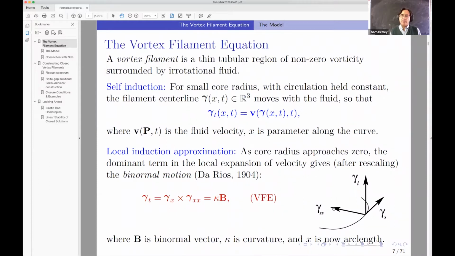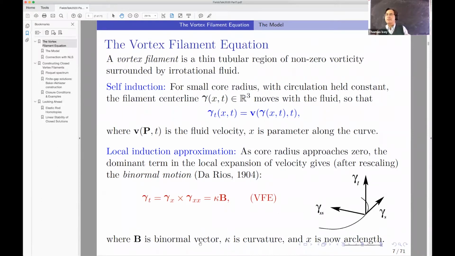The acceleration vector is perpendicular to the unit tangent vector, and their cross product is the velocity under the vortex filament equation, the time velocity. And that unit vector in that direction, that cross product, is the binormal vector of the Frenet frame. Kappa is the curvature, and as I said, x is arc length. So again, this is sometimes known as the KB flow.